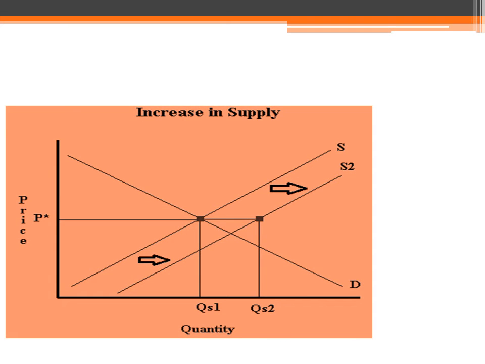So this is the graph where you can see increase in supply. The supply curve shifts rightward due to increase in supply. From S it becomes S2, the new supply curve.